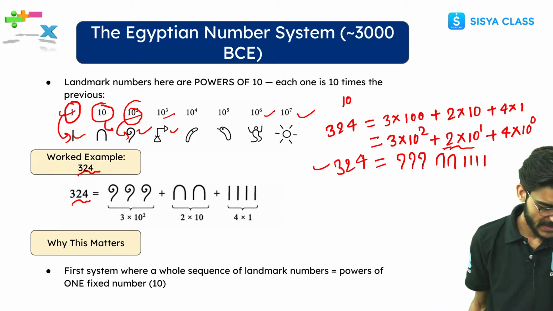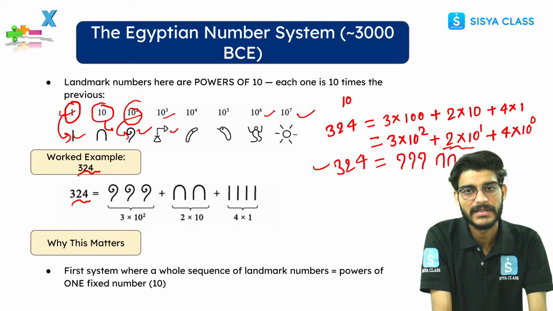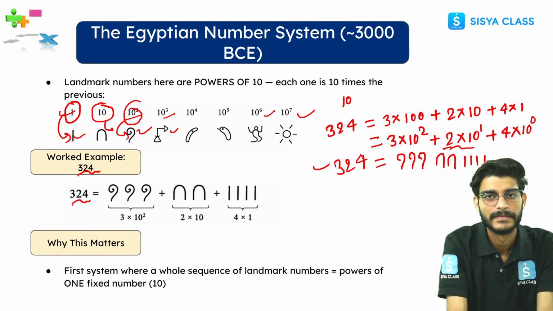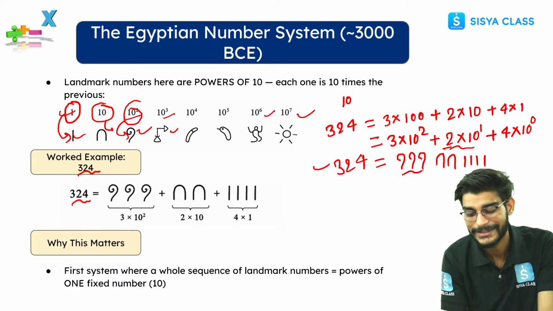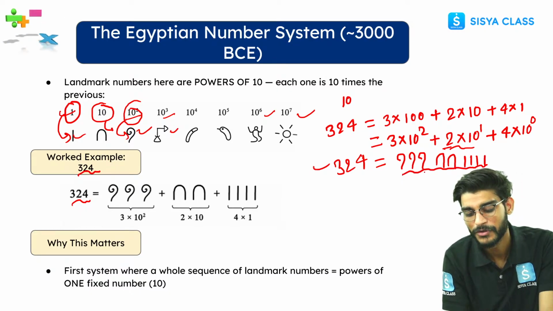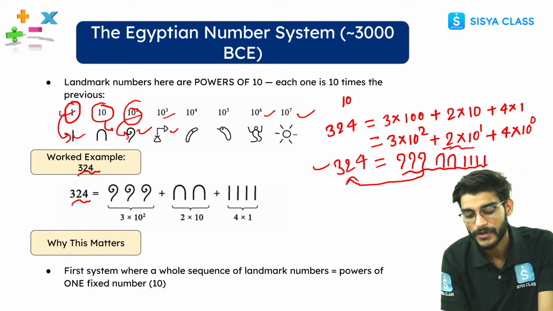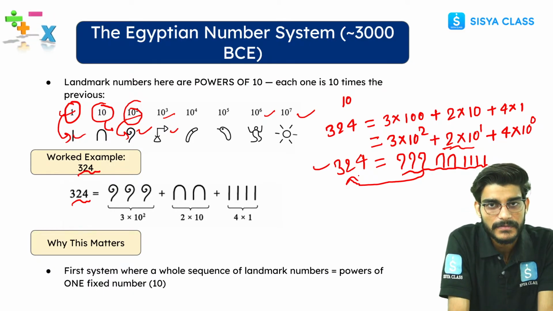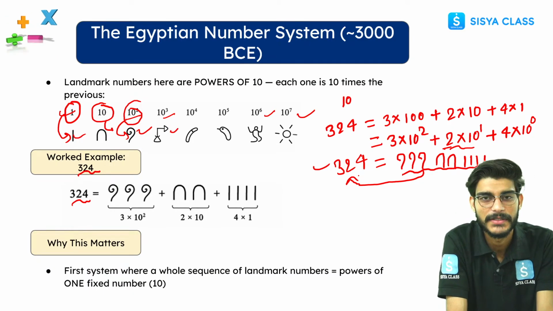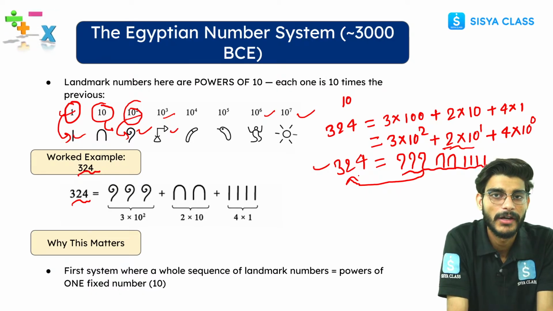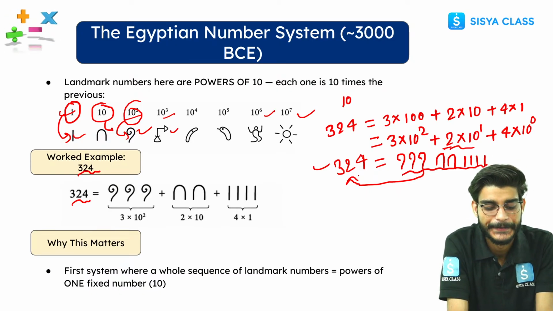Sounds a little complicated now, but this is how it was. Sometimes they were given these symbols and they used to try to convert into these numbers. But that time it was not like the Hindu number system. That is why everything was so complicated.